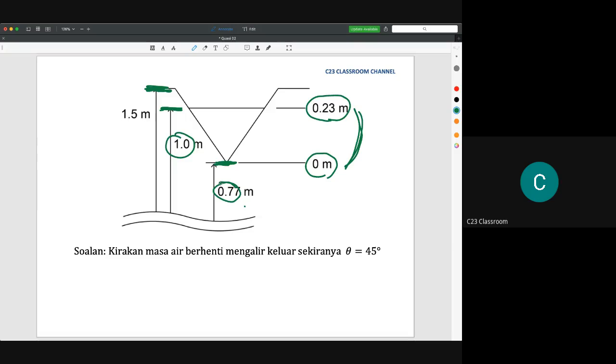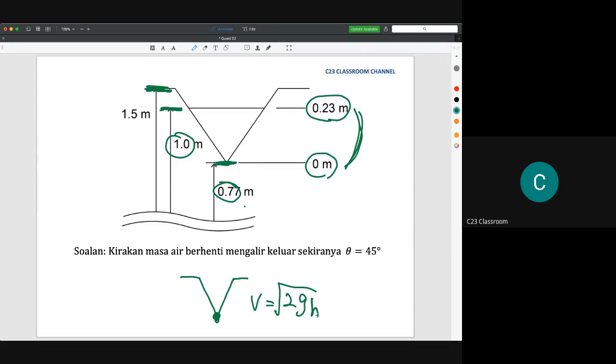Because you need to reflect the real situation. If we have an opening like this, the velocity can be calculated by the square root of 2gh. And in a real situation, we find that the velocity at this area is 0. Why is this velocity equal to 0? Because the height here is equal to 0.